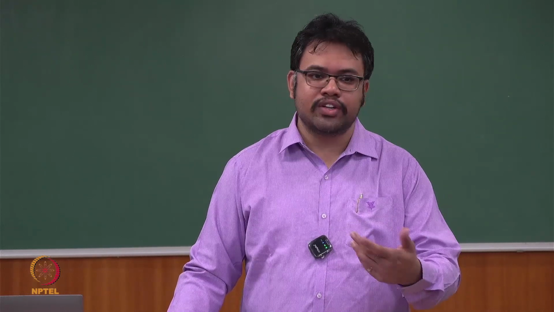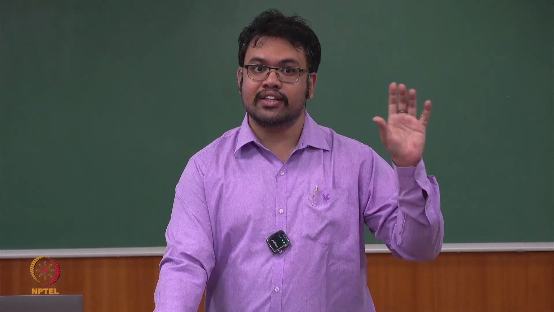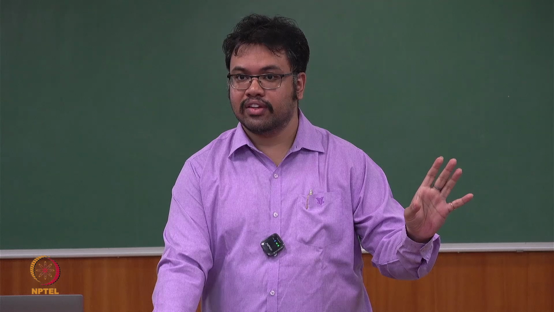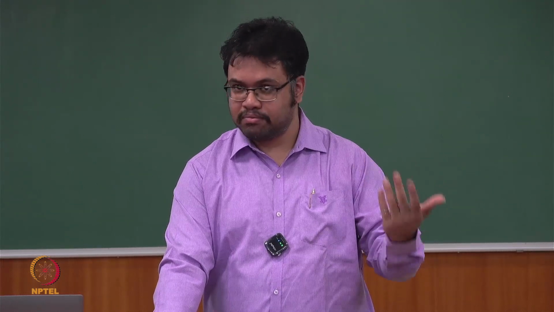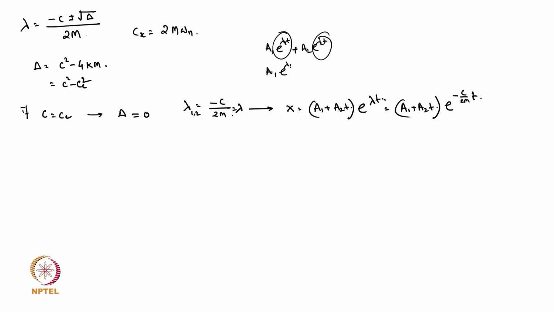You cannot distinguish them, so you need to change the interpolation function. What is that function? We write a1 into e to the power of lambda t plus a2 into t into e to the power of lambda t, because lambda 1 and lambda 2 are the same. Perfect. Thank you for asking this.